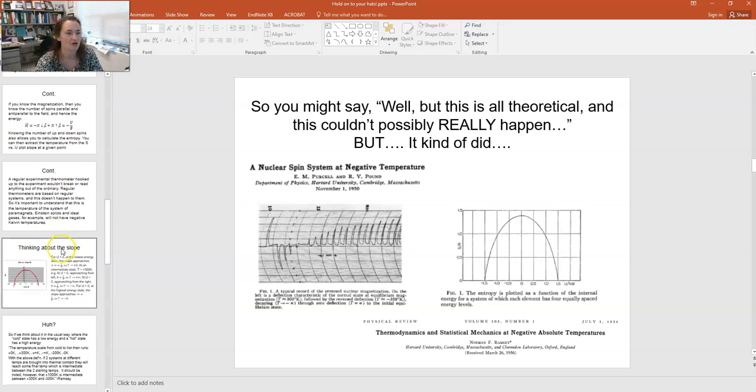Now, that doesn't change the fact that, due to our true definition of temperature, partial S with respect to U is 1 over T, holding N and V constant, we have a negative Kelvin temperature for this nuclear spin system. So we still need to figure out what the heck that means, what it means to be cold or hot in that system, and try to interpret a little bit of what's going on.